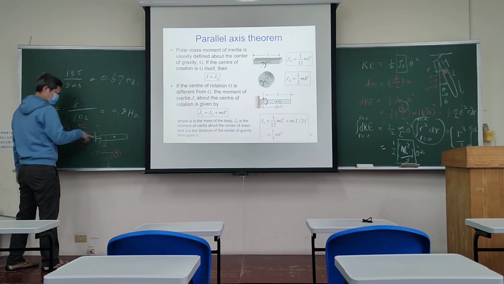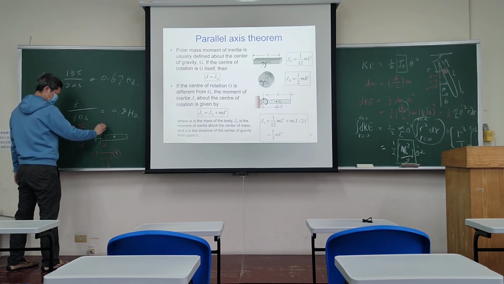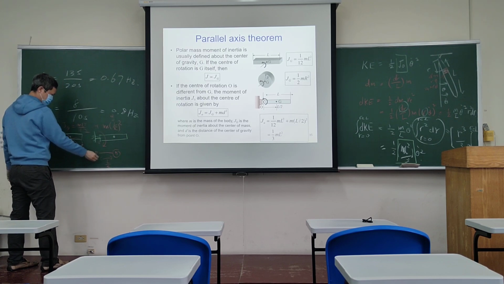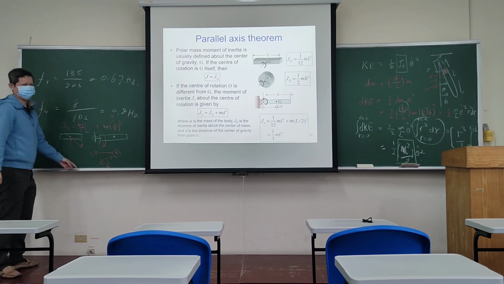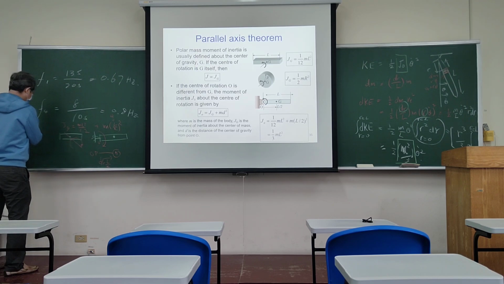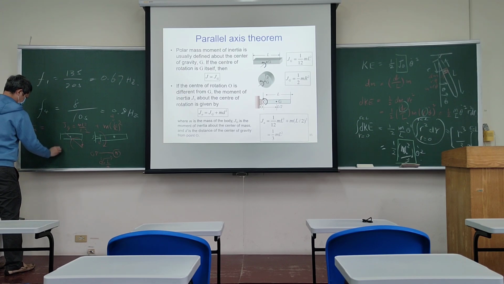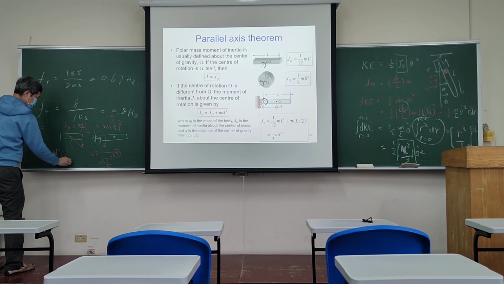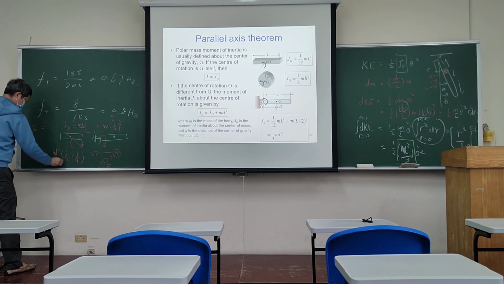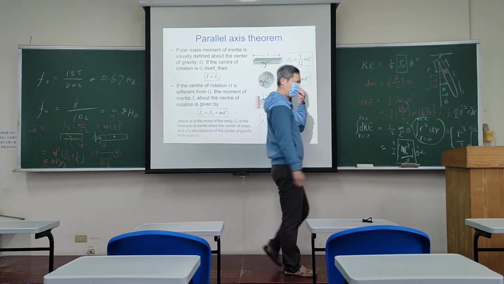Together, you then have to add this self-rotation and the point mass rotating about the axis by means of m(L/2) squared. This is your d, and this d is the distance between the axis of rotation and the gravity center. So by adding the two, you have J naught. Summing up, this is mL squared over 12 plus 1/4, so in the end the answer is still 1/3. You are going to obtain the same value.